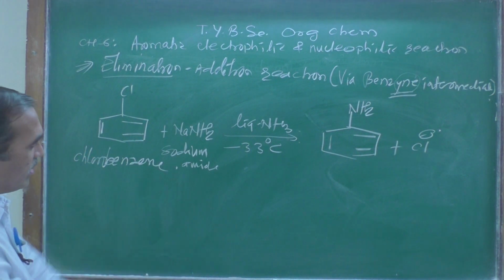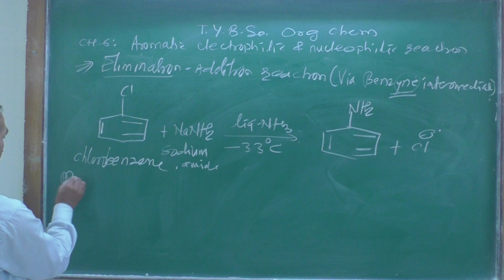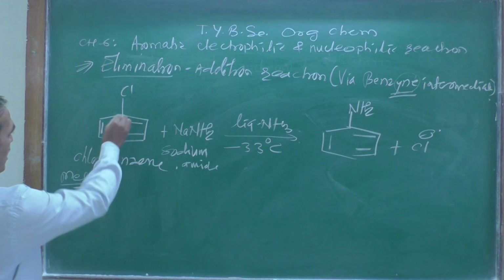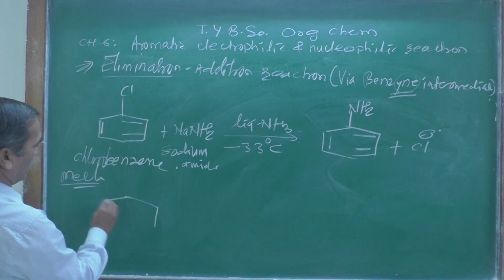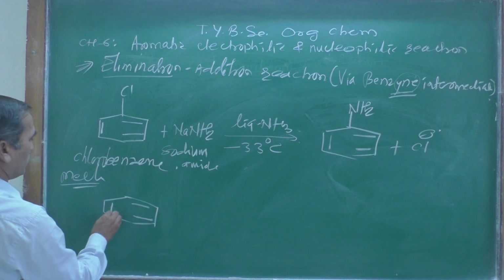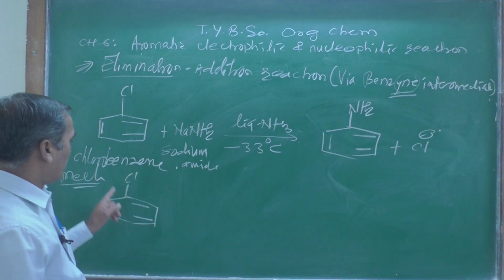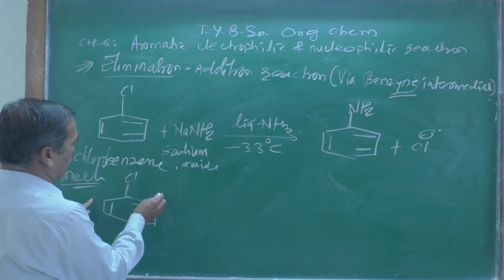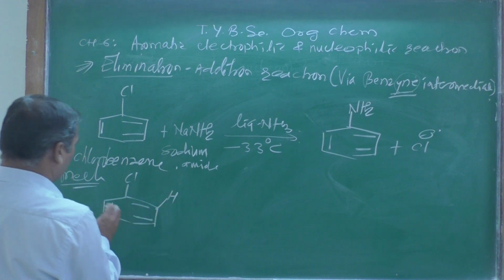Now how can we show the mechanism over here? In this case here is a chlorine atom. At the ortho position to this chlorine there is a hydrogen atom.